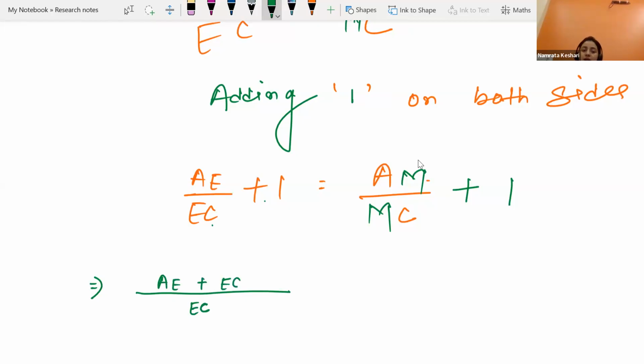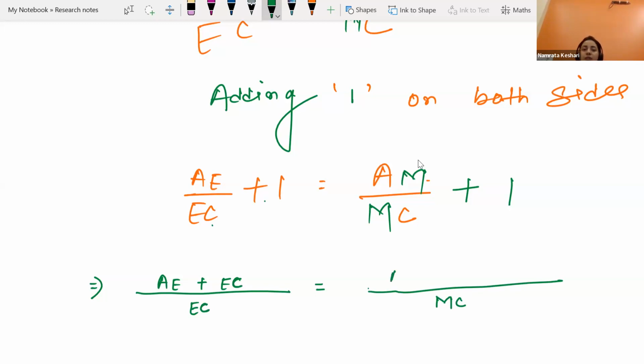Is everyone getting this step? Alvina, Abdul, Ayan, are you getting it? How we have written this step? Yes. Yes, ma'am. Alvina, are you getting? Yes. Abdul, are you getting? Yes. Okay. Now on the other side, MC will be the LCM.